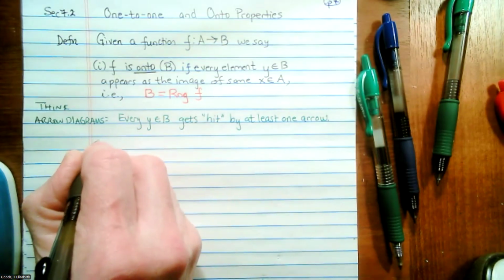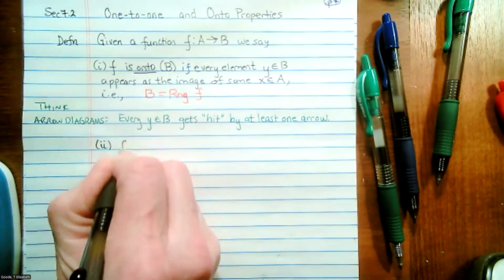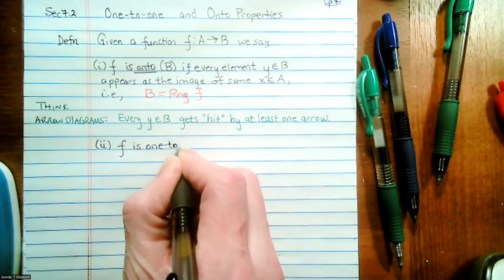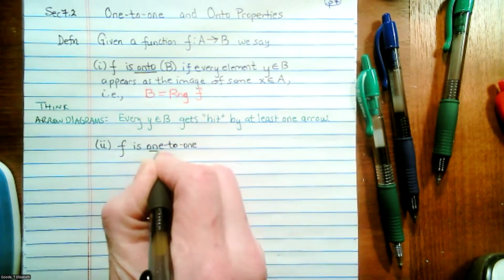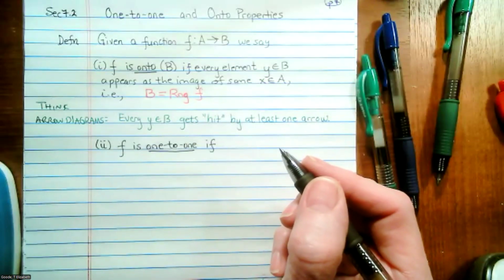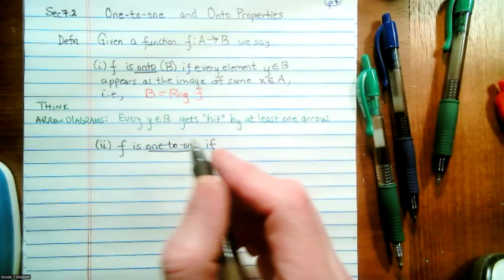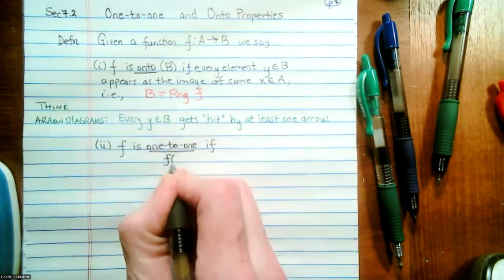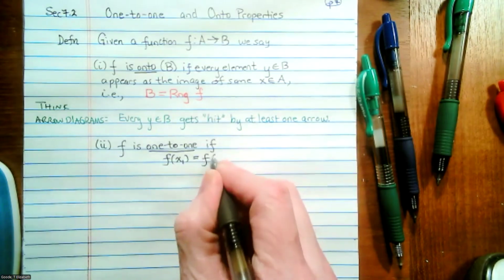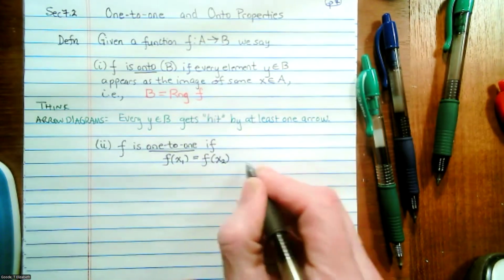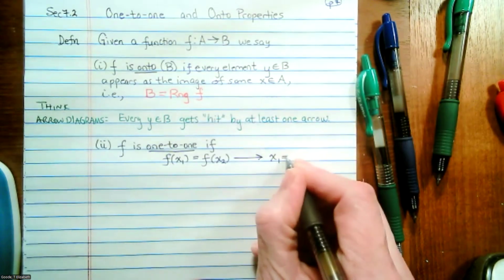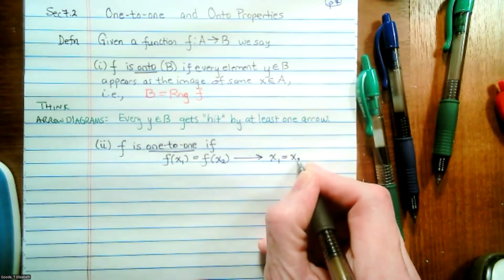And 2, f is one-to-one if, and here's the technical definition of one-to-one, it is an if-then definition, and it goes like this. f of x1 equaling f of x2 is enough to imply that x1 is actually the same element as x2.